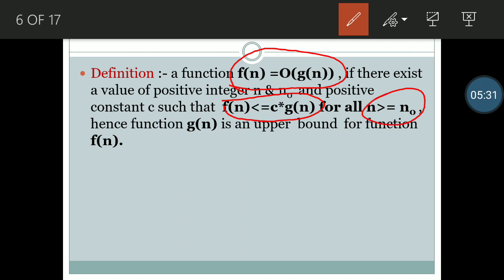Hence, function g(n) is an upper bound for function f(n).